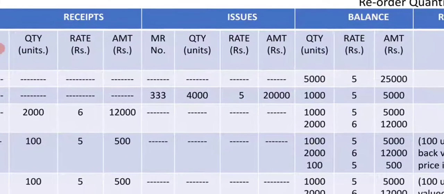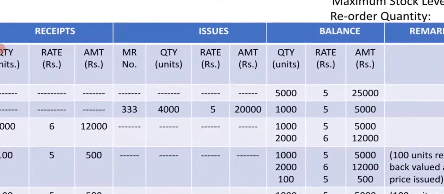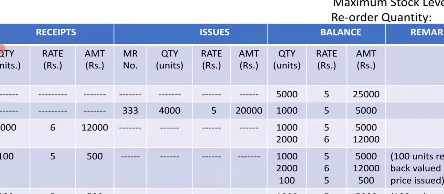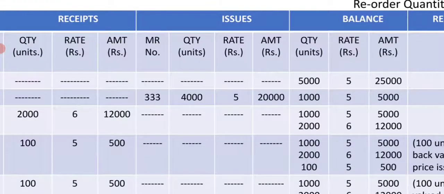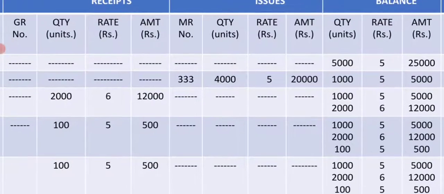Then we will write down the balance. While writing the balance, first we write the old balance: 1000 units at the rate of 5, that is 5000. Next we write the new purchase, 2000 units at the rate of 6, that is 12,000 rupees.